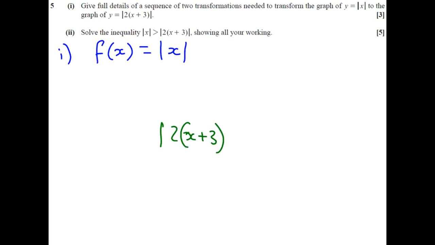Question 5. Give full details of a sequence of 2 transformations needed to transform the graph y equals modulus of x to the graph. Our target is 2 brackets x add 3.